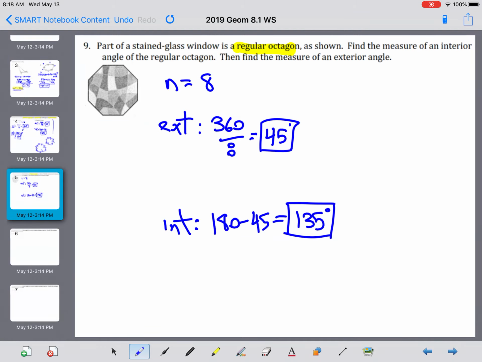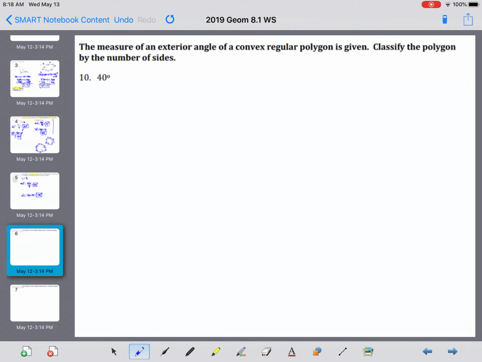And then one last couple here. The measure of the exterior angle is given. Classify the polygon by the number of sides. Remember earlier I said the exterior would be 360 divided by n equals my degree.